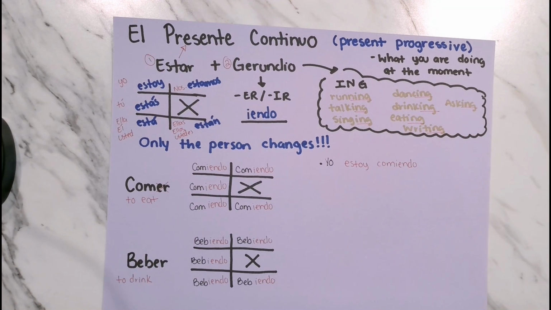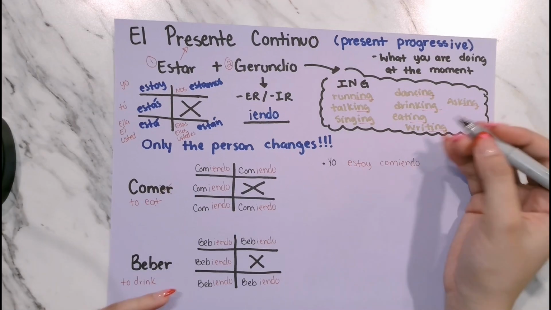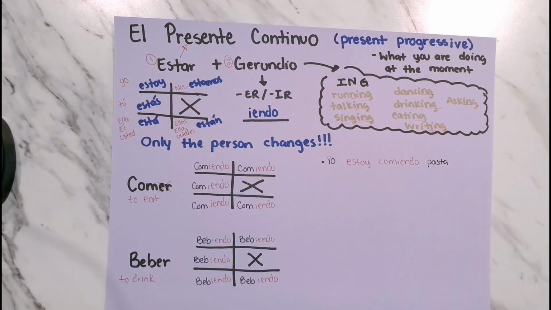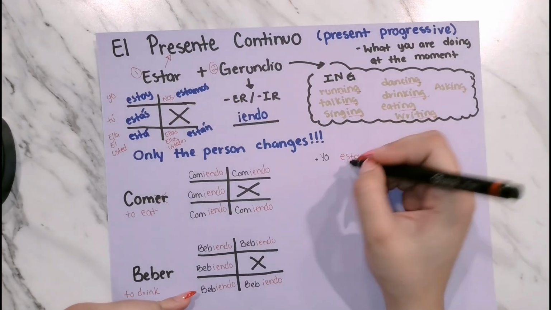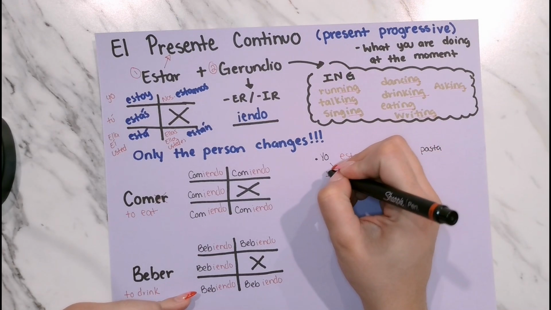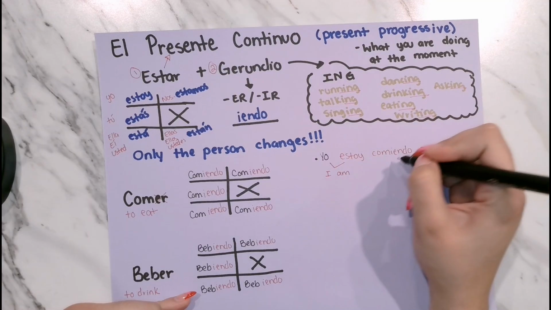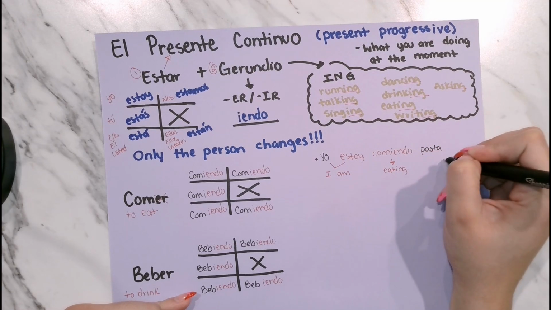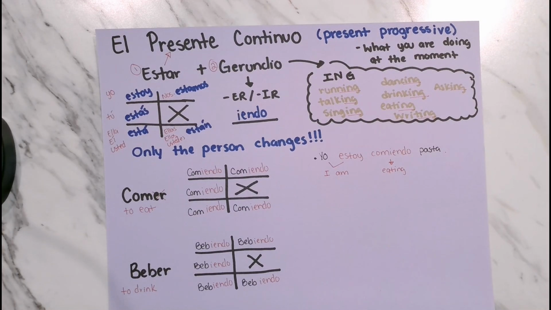Okay? After that, you add whatever you want to add. Yo estoy comiendo pasta, or chicken, or French fries, whatever you want. Okay? So you have, I am eating pasta. Okay?